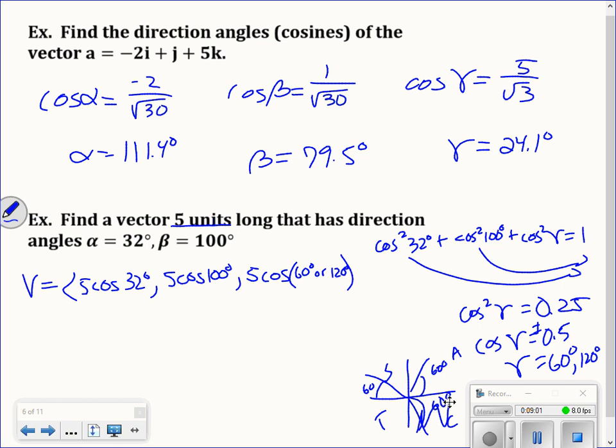This first one gets me 4.24. The second one gets me negative 0.868. And for 60 and 120, the cosines are the same, just one's positive and one's negative, positive 1/2 and negative 1/2. So this piece gets you plus or minus 2.5.